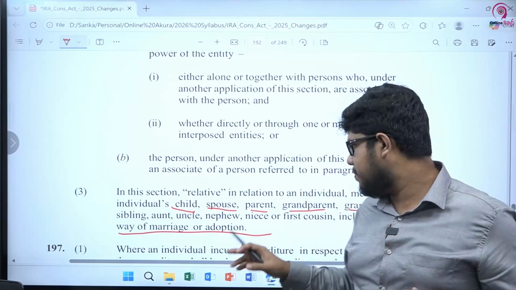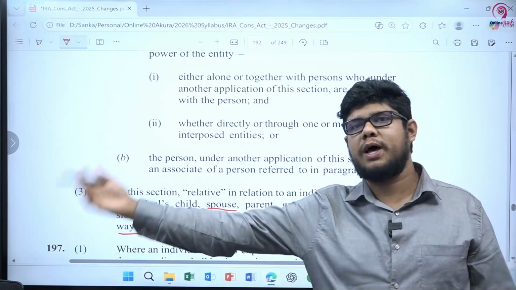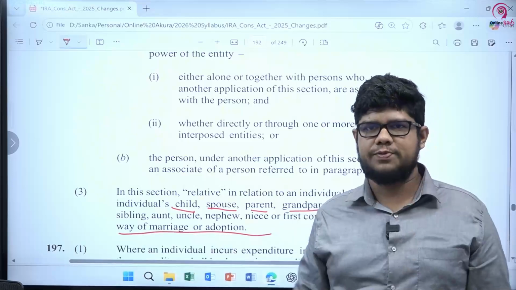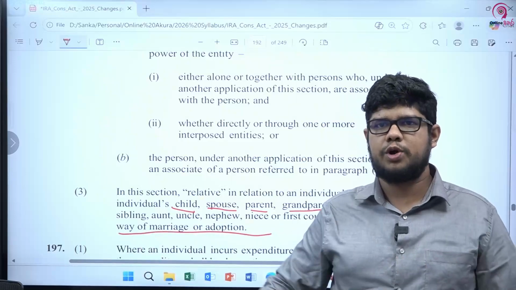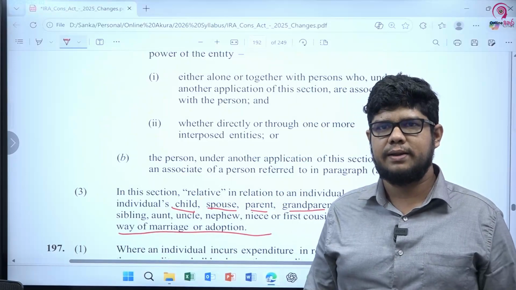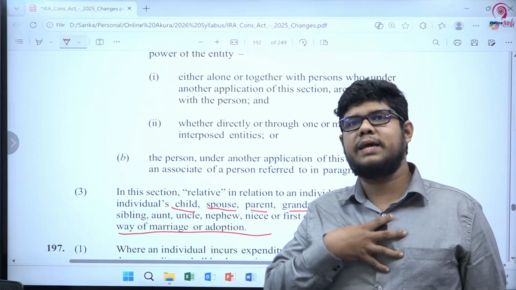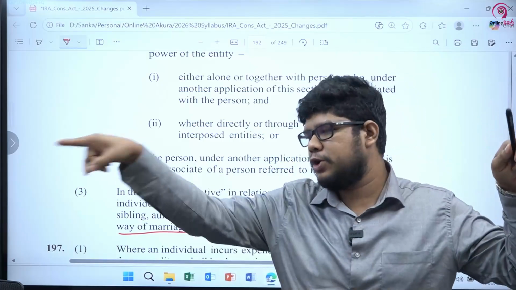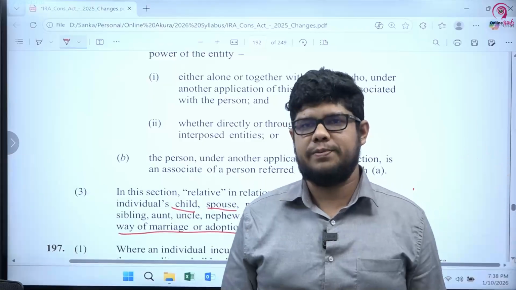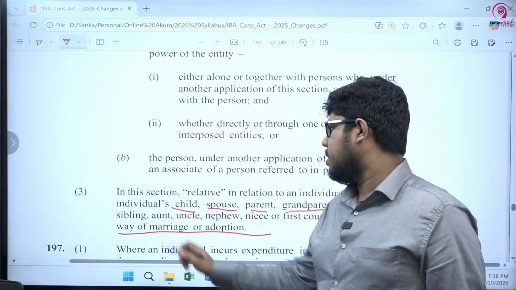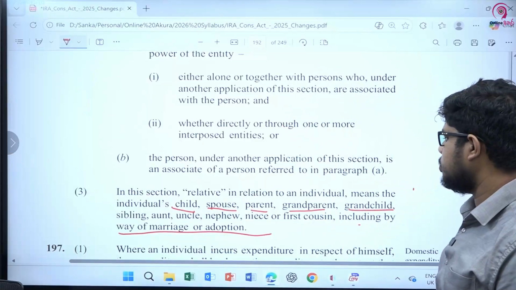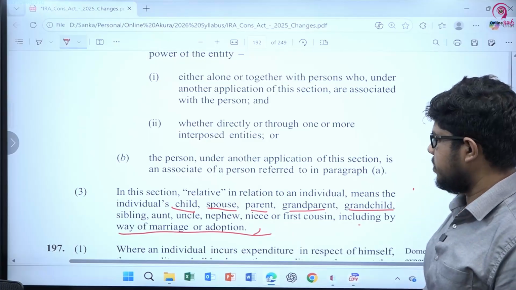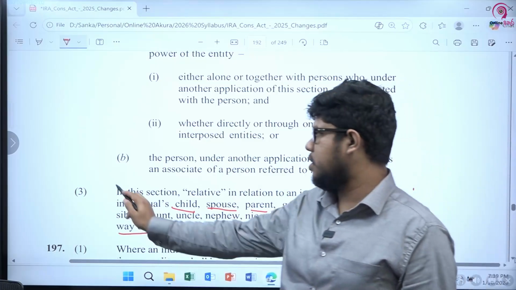Maybe a parent or my child is also another employee of this firm, then that relation is not taken into consideration. Because of my relation with the employer, they pay to some relative of mine. So that's the associate persons definition and its implication.